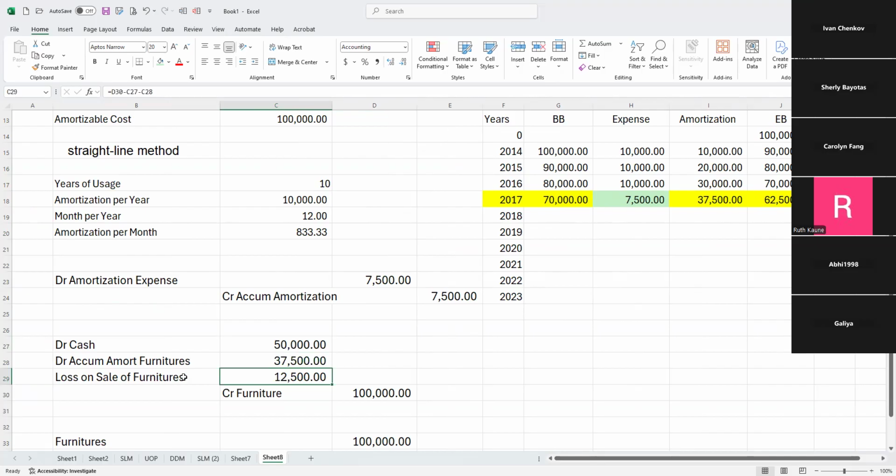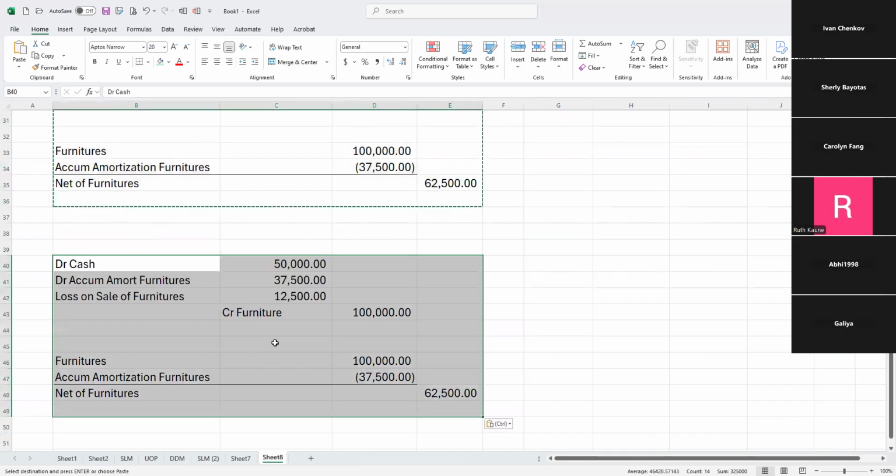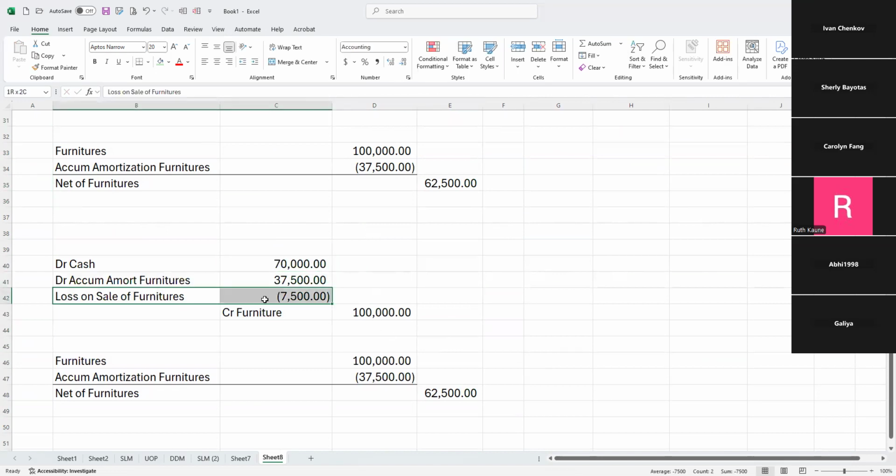What if, so watch this. What if with the same entry, Control C, Control V, what if we get $70,000 cash? Where are we now? I'm still not in balance.